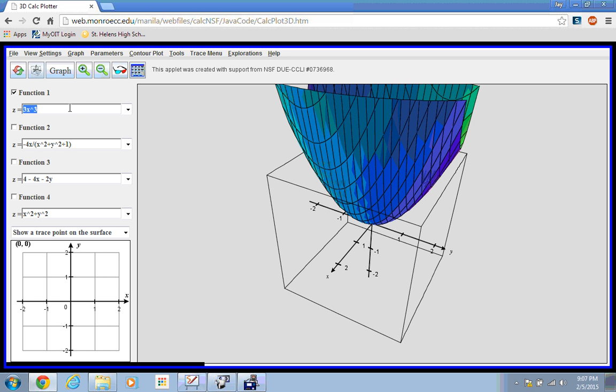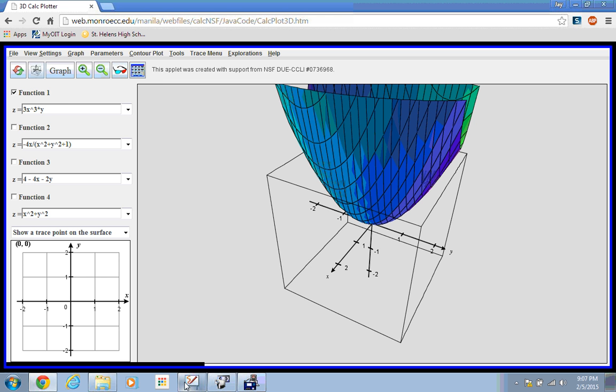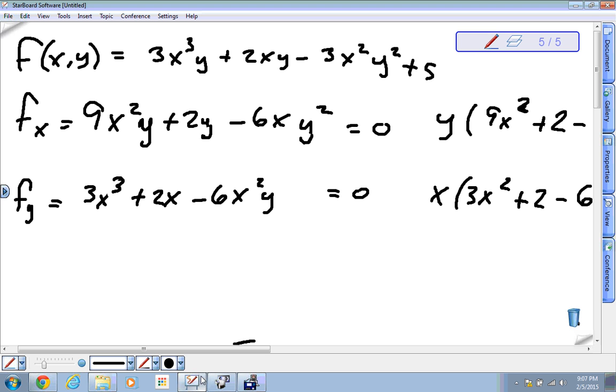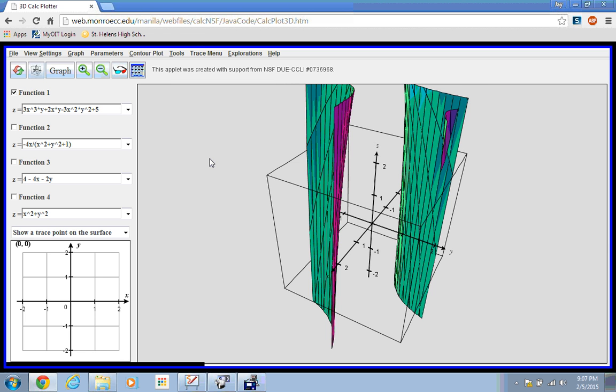X cubed y. Ordinarily I would, for whatever reason I didn't this time. Plus 2xy minus 3x squared y squared, and there it is.